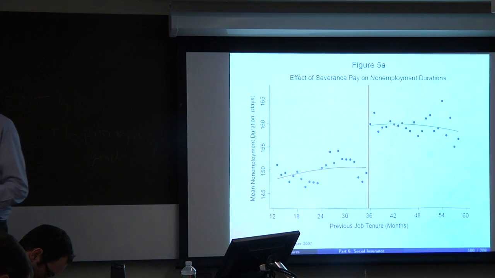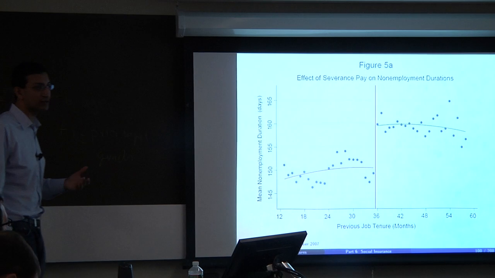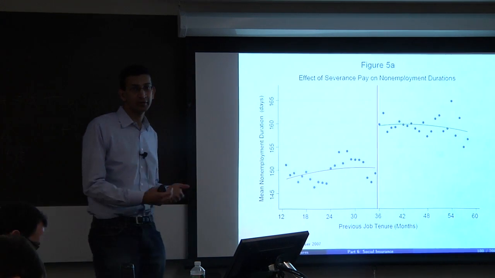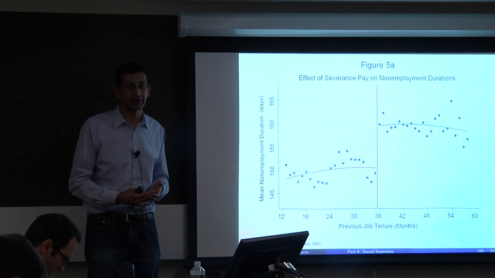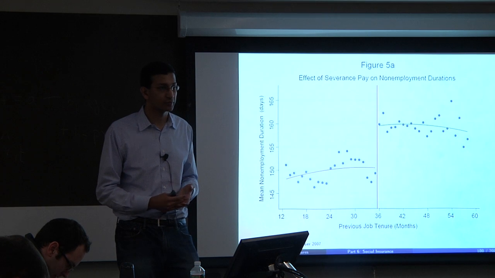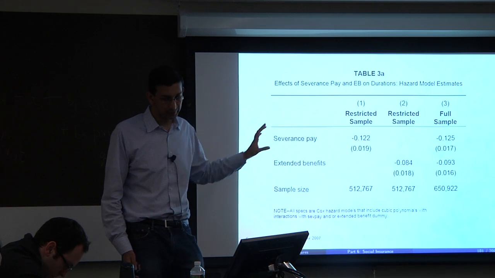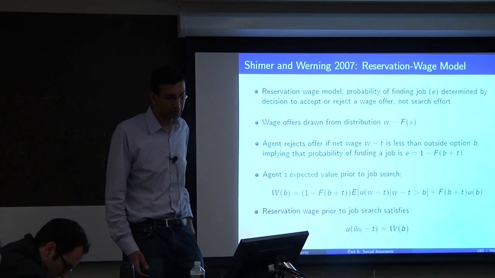The guys who are getting the 2 months of wages, the lump sum grant, are in fact taking significantly longer, about 10 days or 2 weeks longer to find a job. That, I think, is much more compelling evidence that there is, in fact, a causal liquidity effect here. Okay? And then you can quantify its magnitude and so forth, which is what we do here, and I'm not going to go through that.